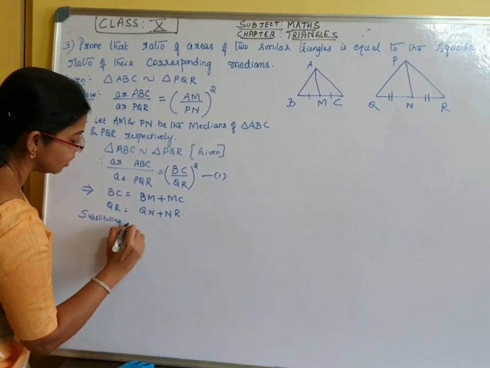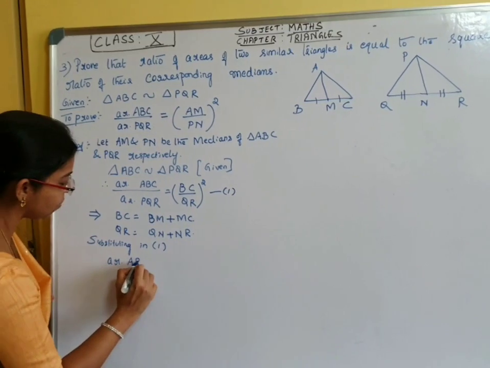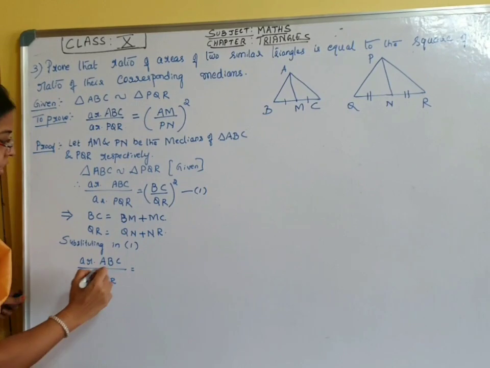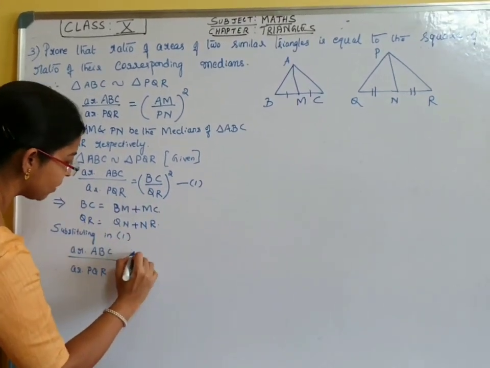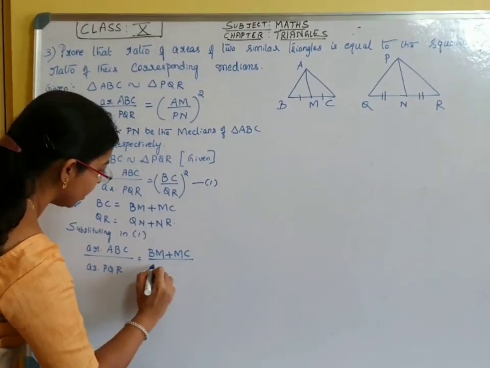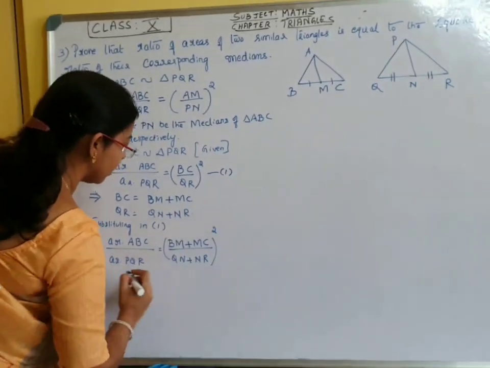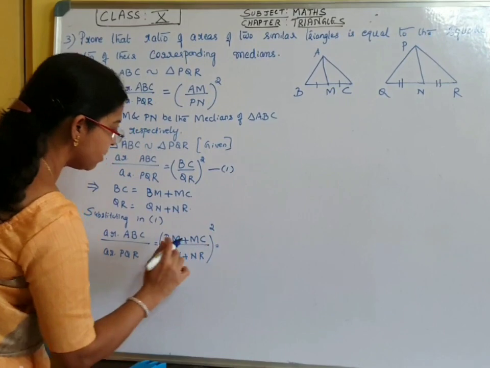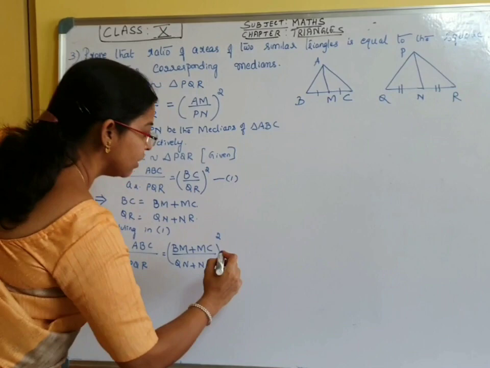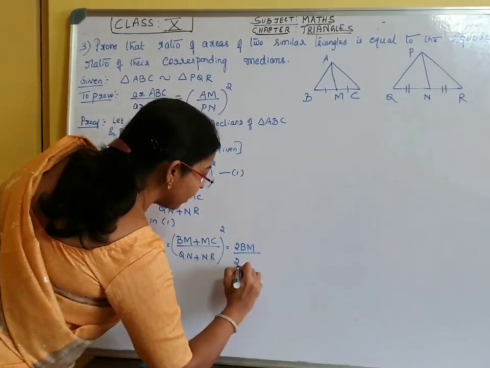Substituting in 1, area of triangle ABC by area of triangle PQR is equal to, in place of BC, BM plus MC by QN plus NR the whole square. But BM is equal to MC because it's a median. We can write 2BM by 2QN.